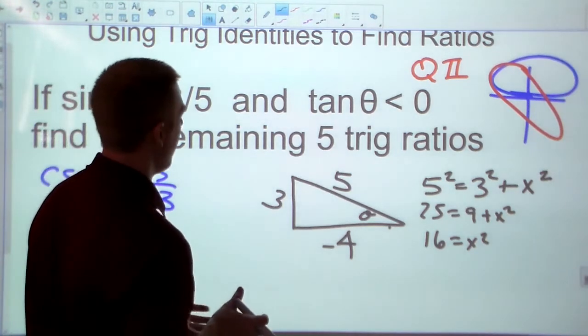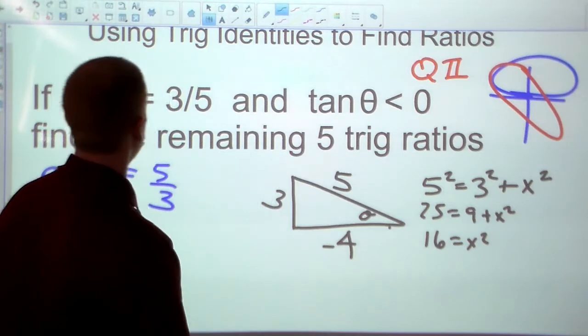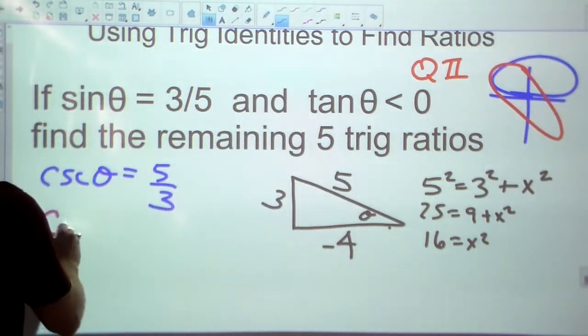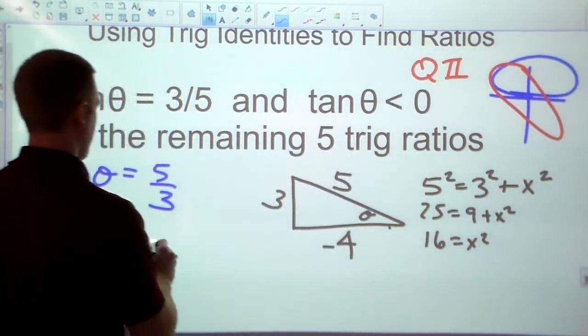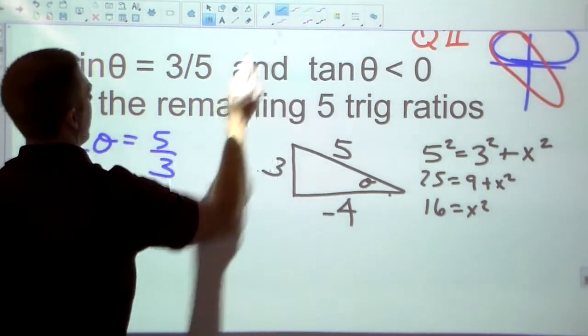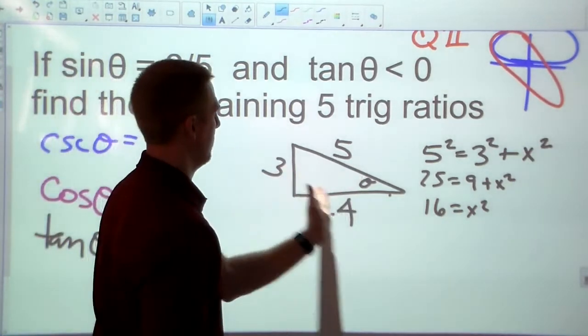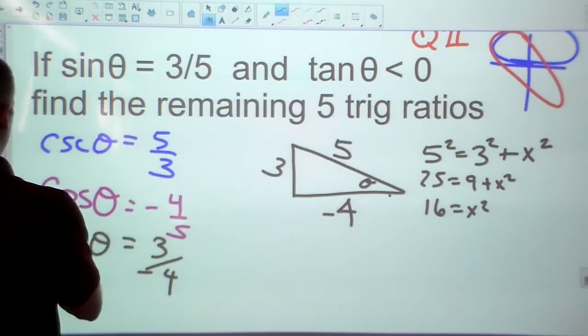So we should have enough now between using the triangle and using identities when we need to. We should be able to get everything else. So let's go with cosine next. Cosine would be negative 4 over 5, so negative 4/5. Tangent would be opposite over adjacent, so 3/4, negative 3/4.